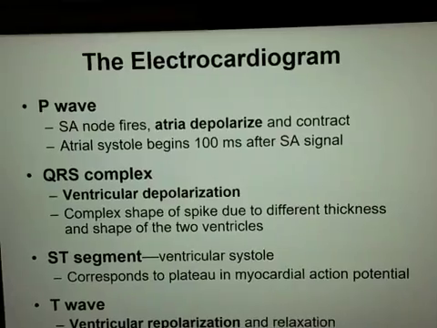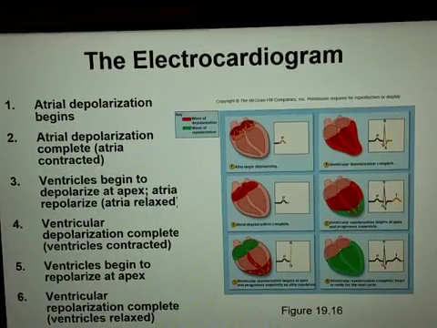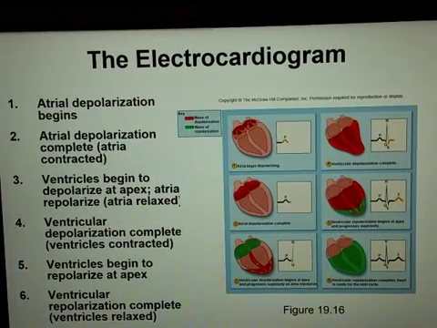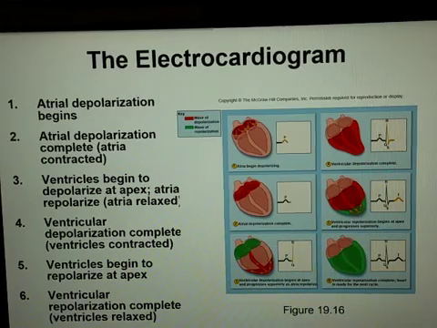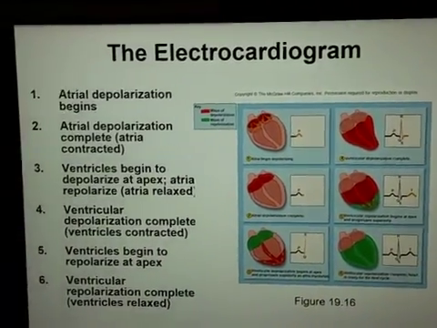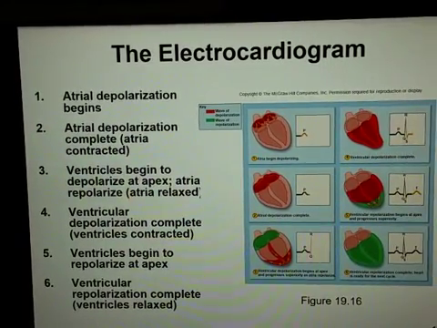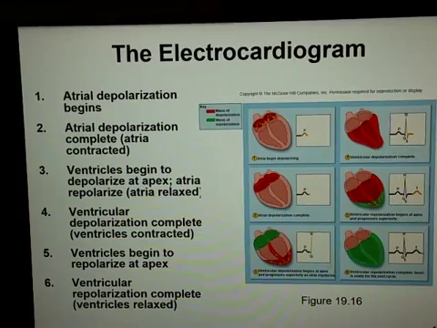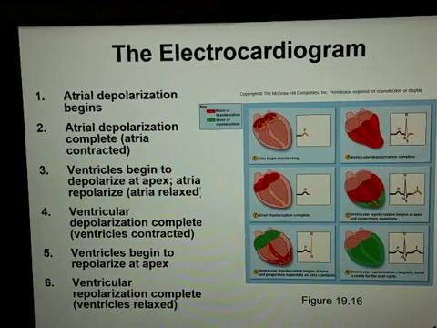So when an EKG is done, it's known by the cardiologist, and trust me, I am not a cardiologist, okay? But when they read this electrocardiogram, they can actually determine, well, this correlates to the atria, or it correlates to the ventricle. It correlates to relaxation.